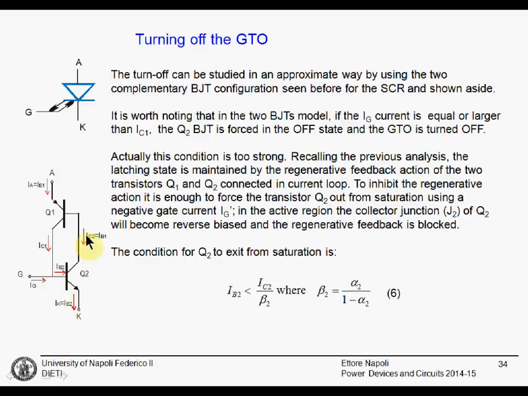When this device exits from the hard saturation, this base to collector junction is reverse biased, and this means that also the other device will go in the active region, and in the end both of them will switch off.